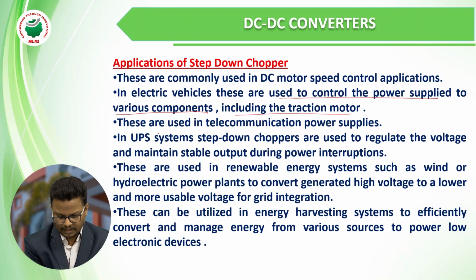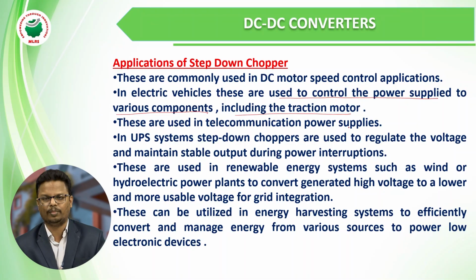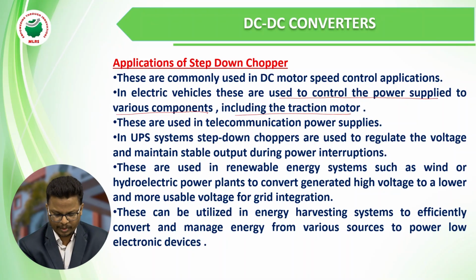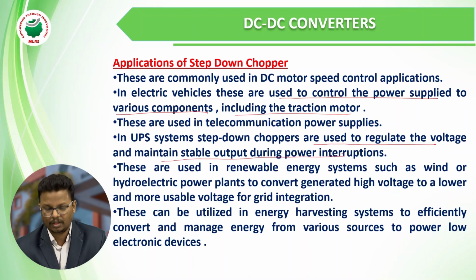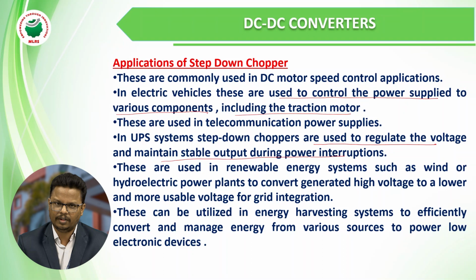And the next one is that these are used in telecommunication power supplies. There also we require DC batteries, so we can use these converters. And in UPS systems, step down choppers are used to regulate the voltage and maintain stable output during power interruption. In homes and industries we use inverters, but the inverter is connected to batteries, and the battery is DC.